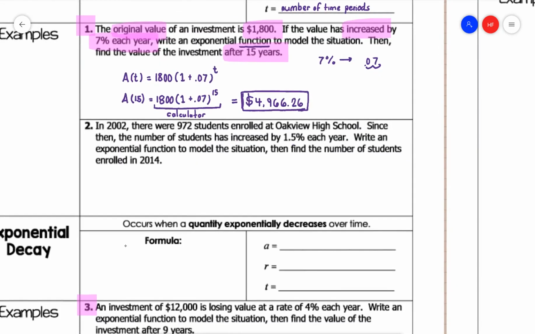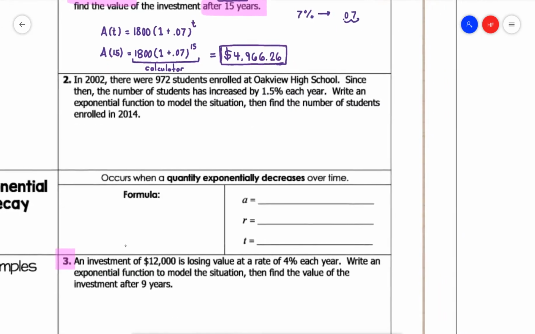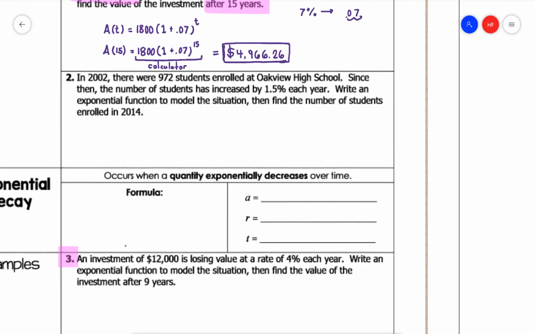So then you guys will do the same thing on number 2. The only difference that you need to be aware of with your answer on number 2 is you're finding the number of students enrolled. So whenever you get your answer, round down to the nearest whole number.